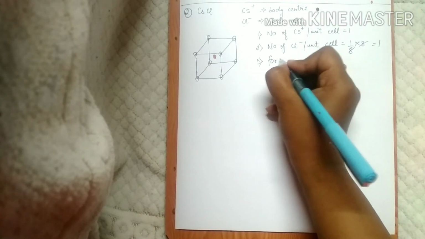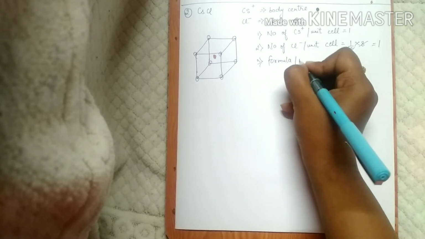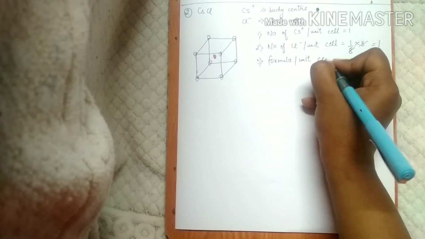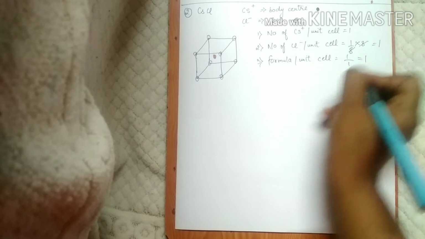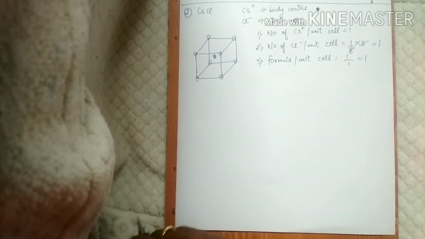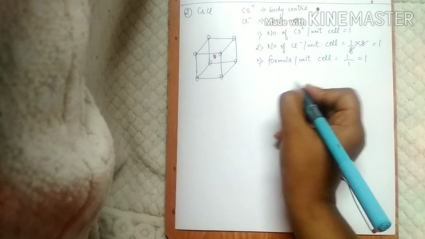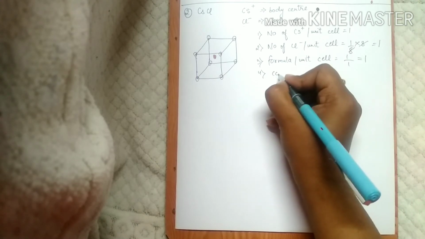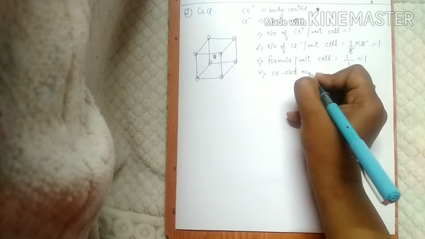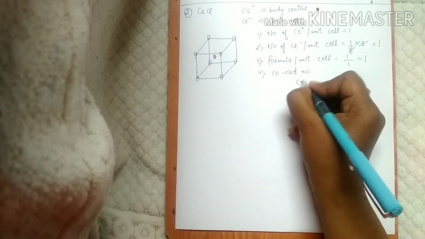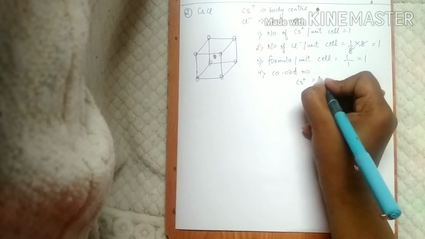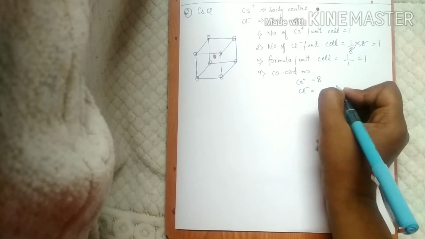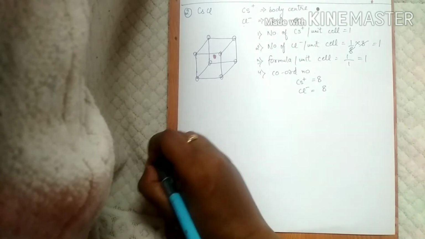Formula per unit cell, that will be equal to 1 divided by 1, that is 1. The coordination number. Cs positive is having coordination number 8 and Cl negative is having coordination number 8.